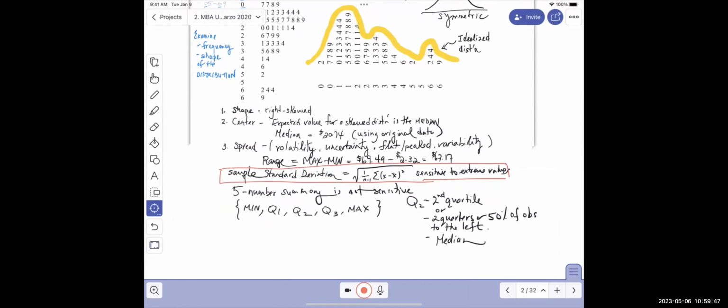So how do we find Q1? Any ideas of how to find Q1? So say we have this, and we have this. How would we find Q1? So Q2 marks where the data divide in half, right?